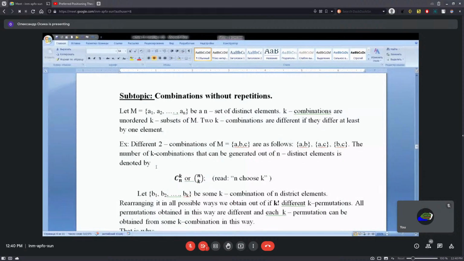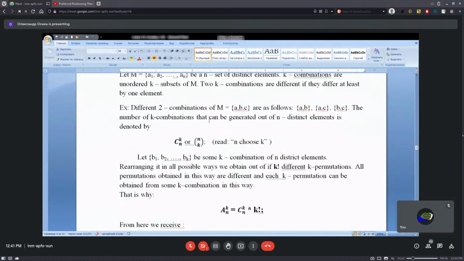By the way, what is the number of three combinations of this set? Three combinations. It is one, because we can make only one unordered subset of the elements out of here. And the number of one combinations, it is of course three such combinations.